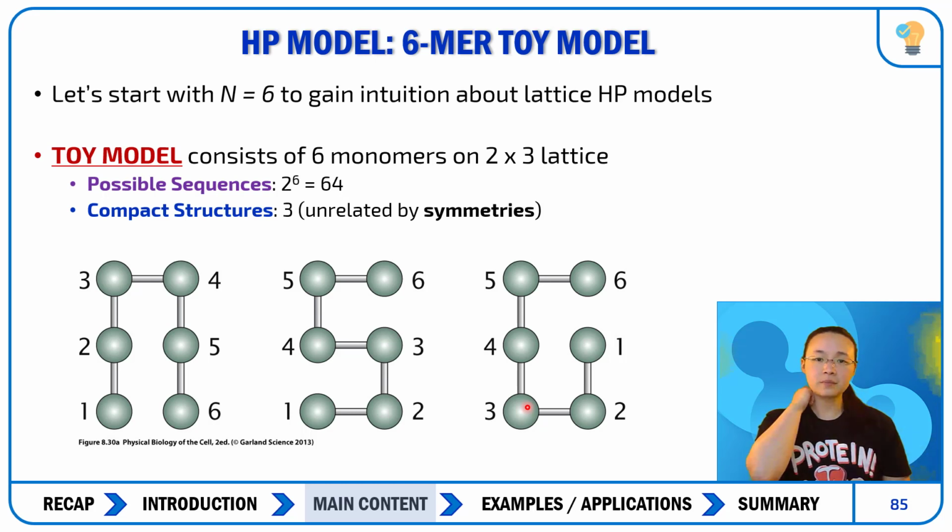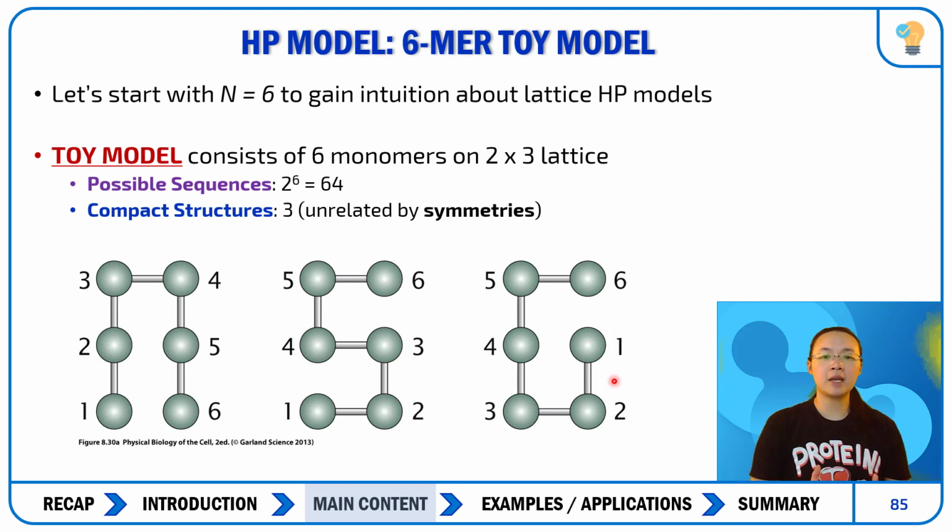So we want to look at compact structures. If we take a look at a 2x3 lattice and require all the amino acids be linked together with no overlap, and that all the amino acids take up all 6 spaces in the 2x3 lattice, then you only end up with 3 general shapes. You have your upside down U, or pie shape, S shape, and G shape.